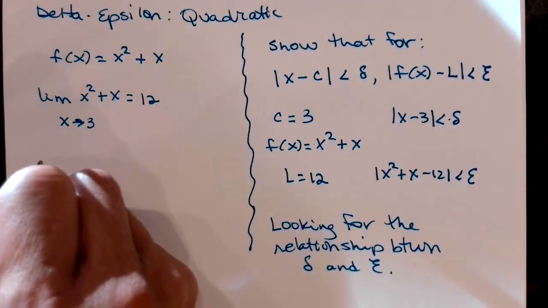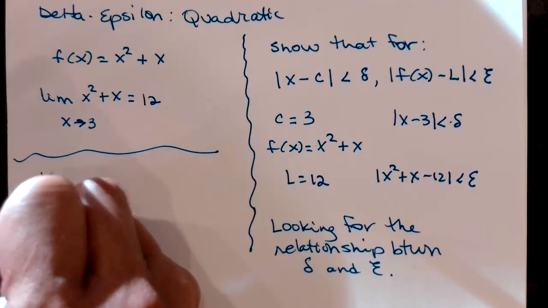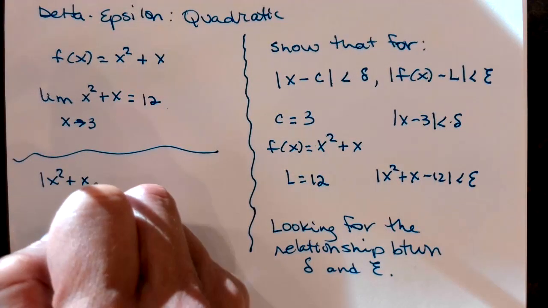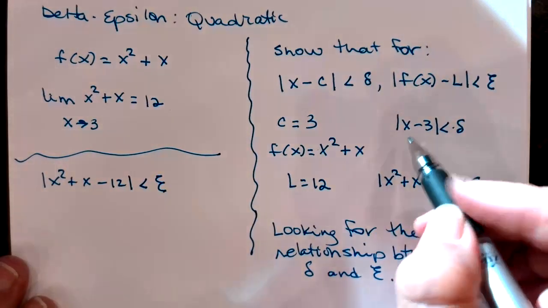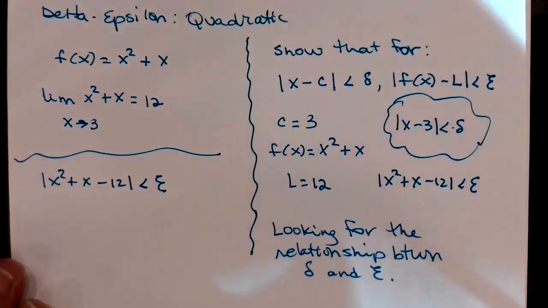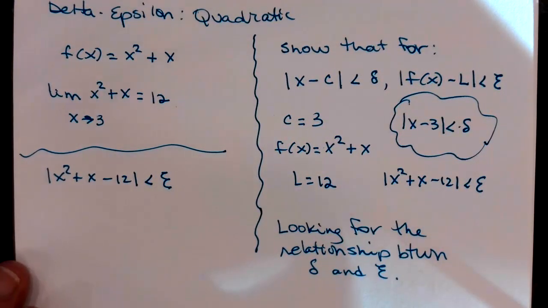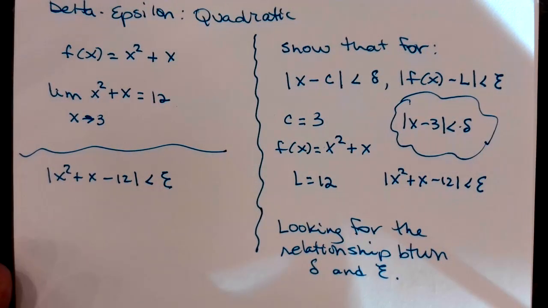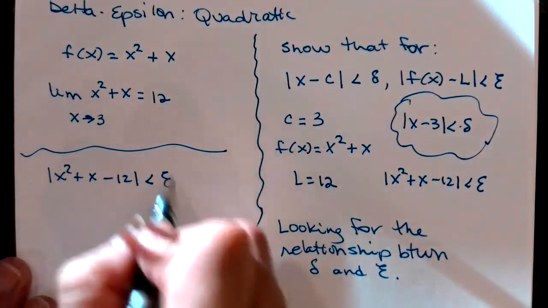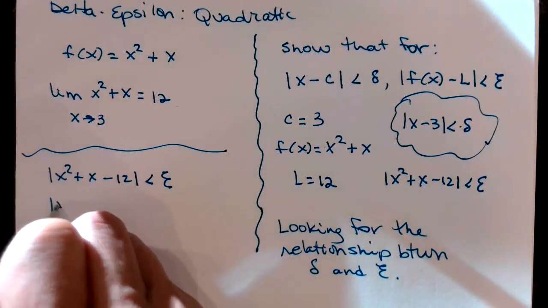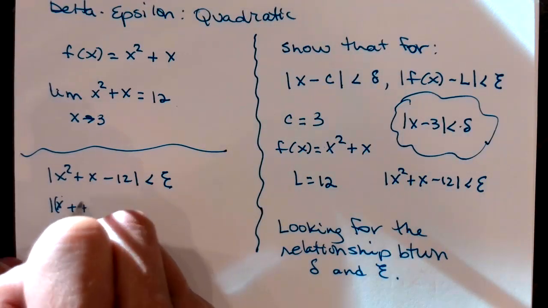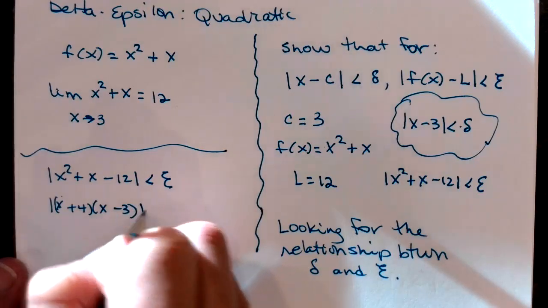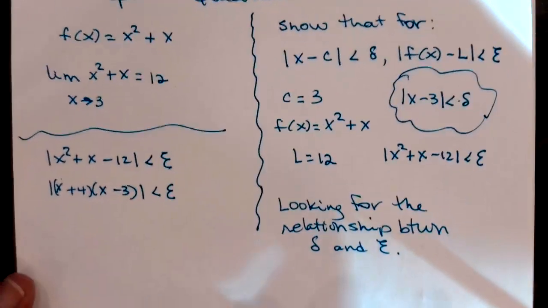Okay, so we start with |x squared plus x, f of x, minus L| less than epsilon, and then we keep our eye open and look for this |x - 3| less than delta. That's the relationship we're looking for. So factor: |x plus 4| times |x minus 3| less than epsilon.